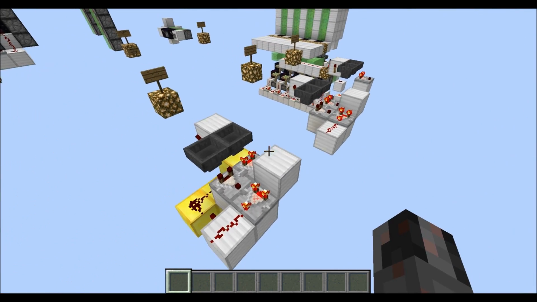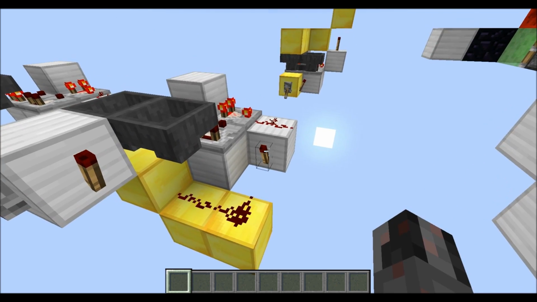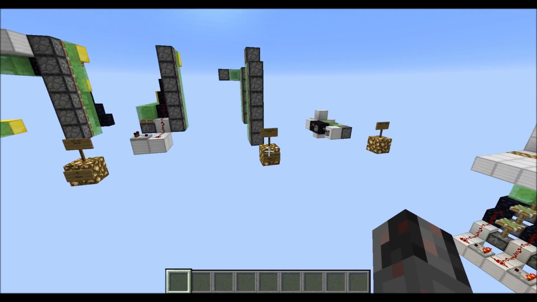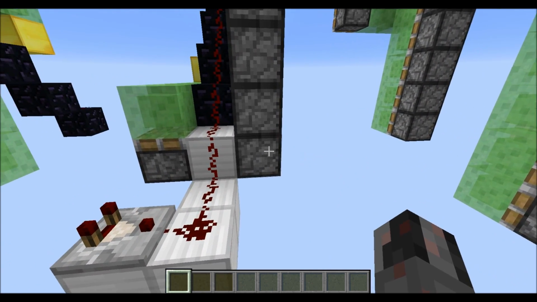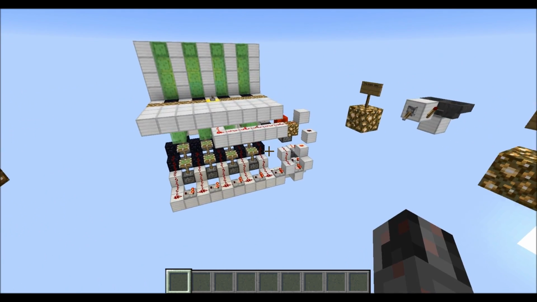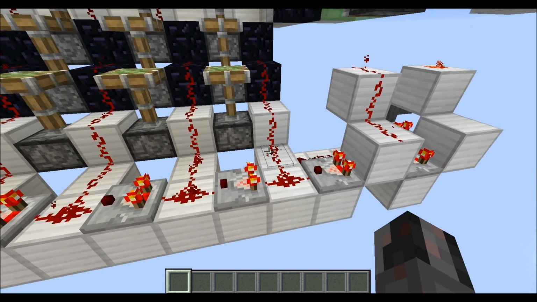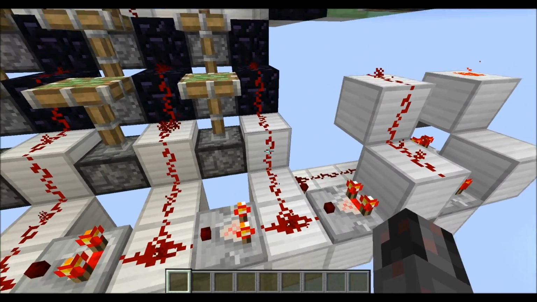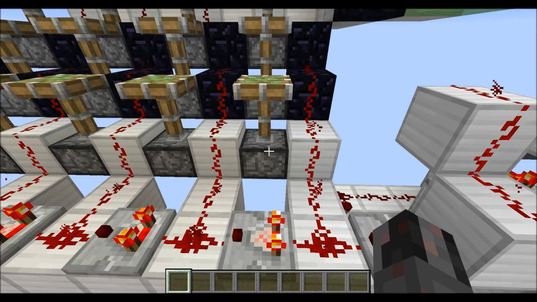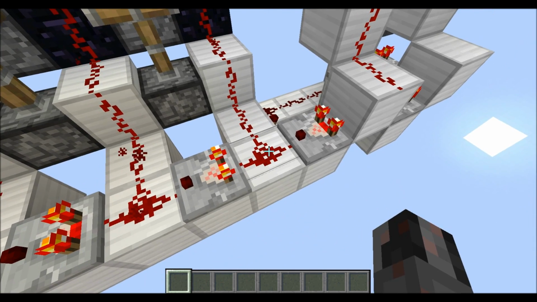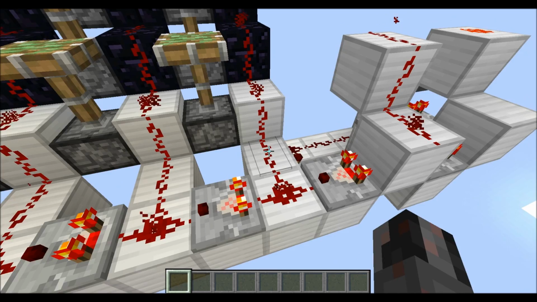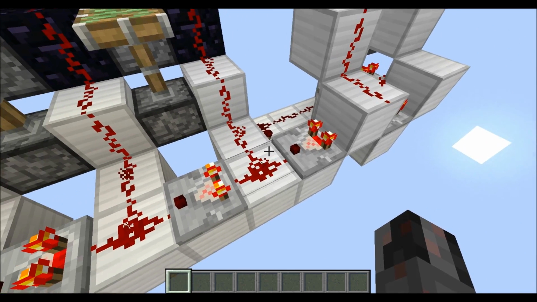One thing I want to mention though is you want to invert the signal that's actually powering the very first piston of the first tier of your mechanism. So in this case, for example, as you can see here, the signal that's powering this block here, which is powering basically the first piston of the first tier, is 1 and then a second redstone line away from the comparator here.